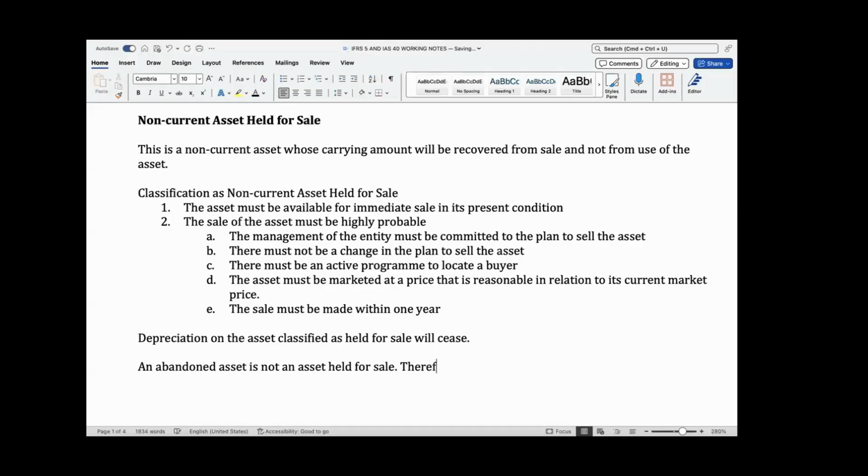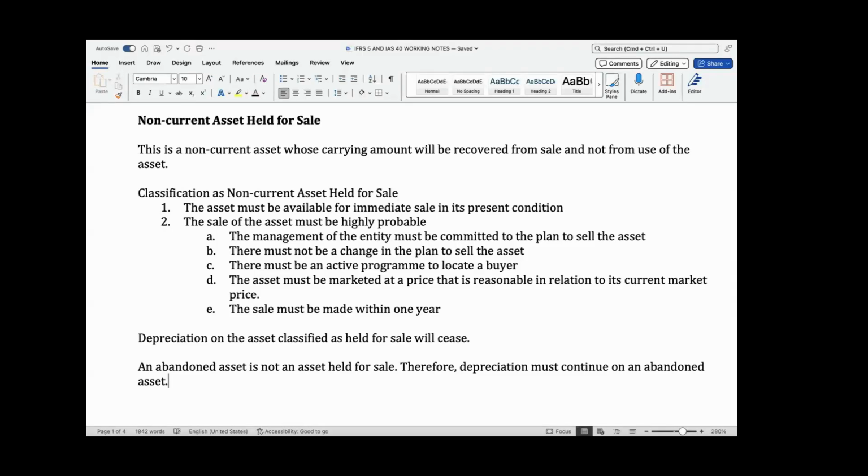Therefore, depreciation must continue on an abandoned asset. You will still continue to depreciate it, even though you are not using it, even though you have abandoned it, because it is available for use. You are just the one that is not using it.